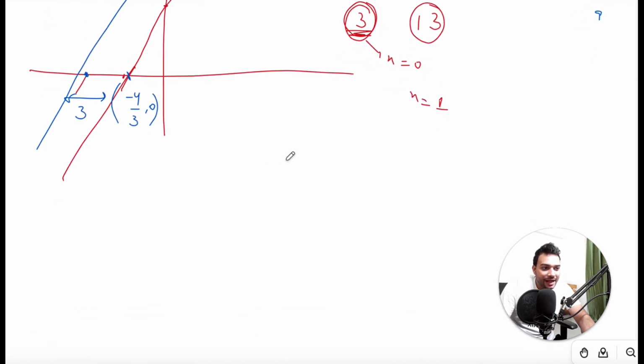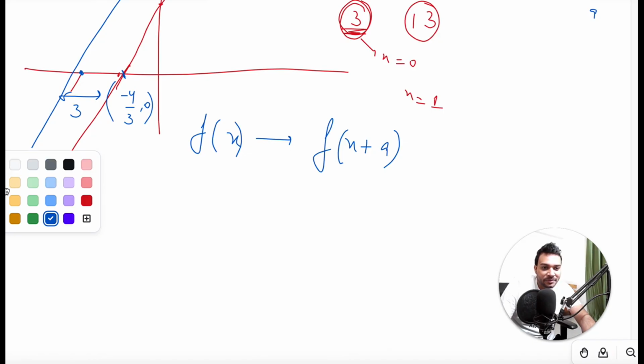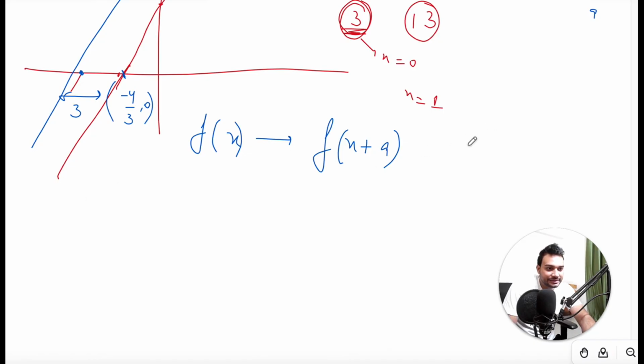So whenever you have something like f of x going to f of x plus a, remember this rule, write it down somewhere. The graph will shift a units to the left.